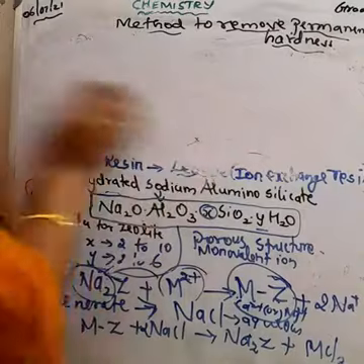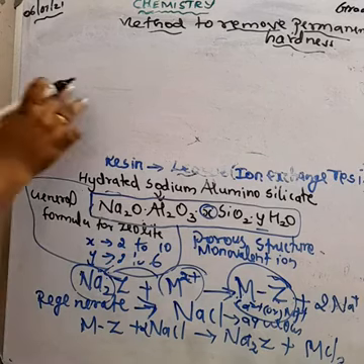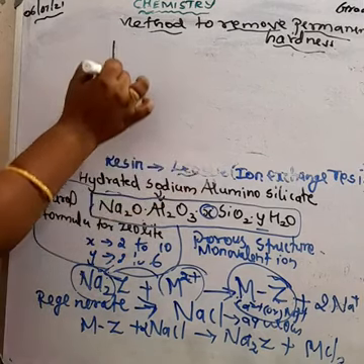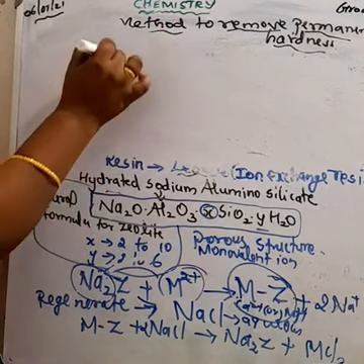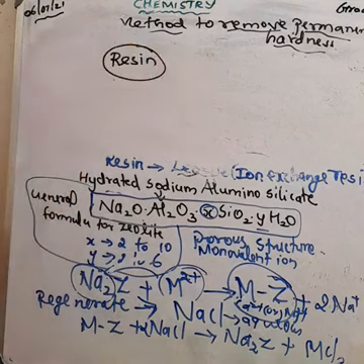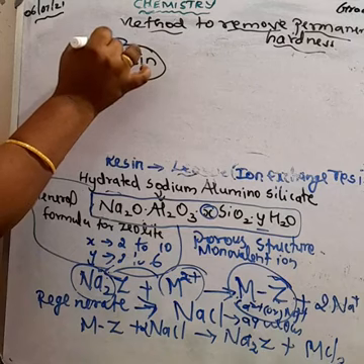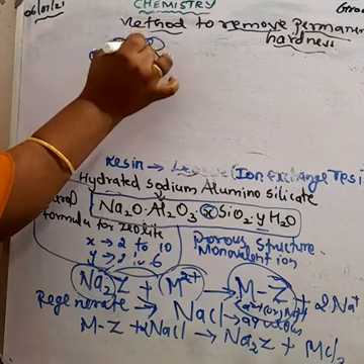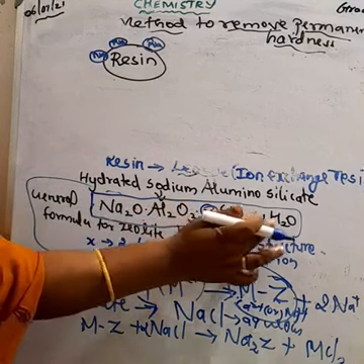Understood? How we can regenerate, there is one diagram. This is one of the resins, the zeolite resin. In the zeolite resin, the sodium atom is loosely held. What is the formula for zeolite? Na2O, Al2O3, X SiO2, Y H2O. This is the bed.